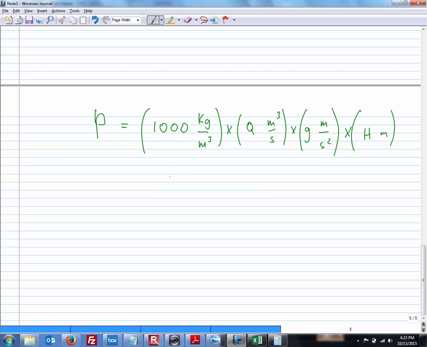Okay. Now, if we write the whole thing out, let's write it out like this: 1,000 Q g H, and now we've got kilograms, meters cubed, meters. I'm just writing out all of the numerator units together, and in the bottom I've got meters cubed, seconds squared.